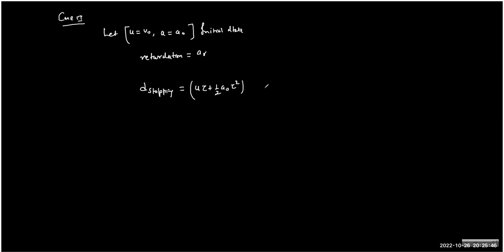Now, because your reaction time is tau, the moment you apply the brake, what will be your velocity? So V is the velocity at the end of reaction time.